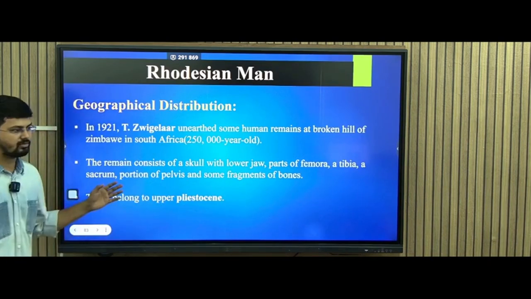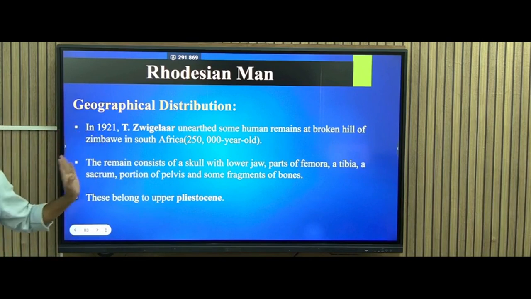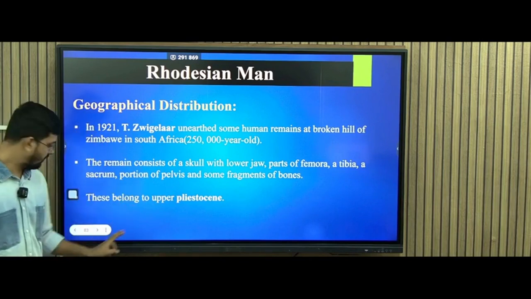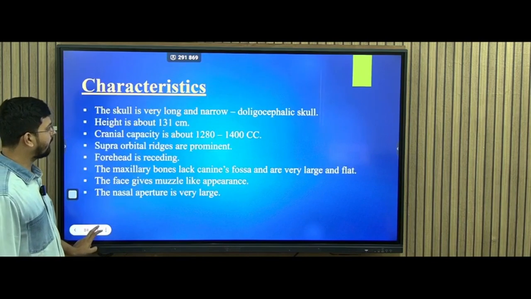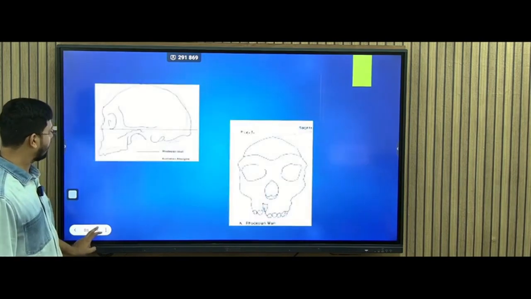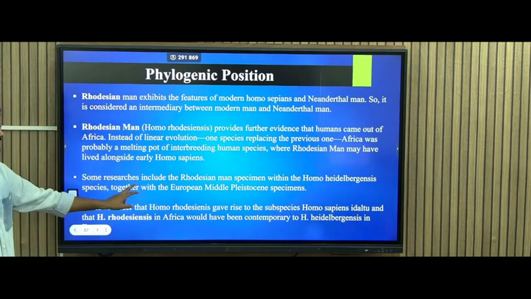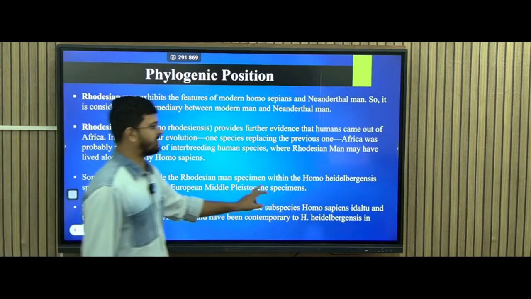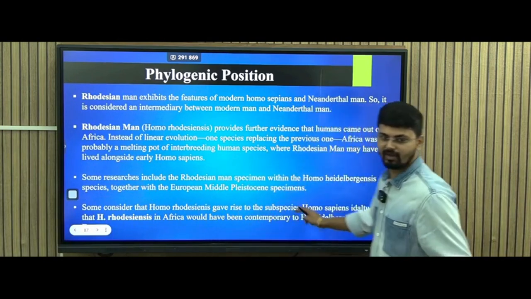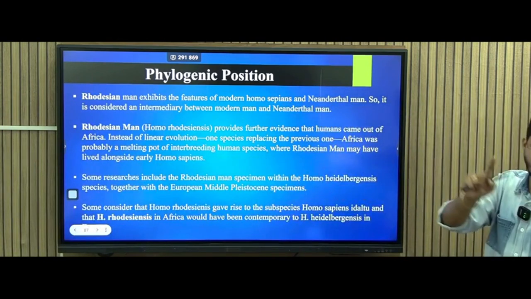Then Rhodesian man, I have given separately as well. If you notice the phylogenetic status, some researchers include the Rhodesian man specimen within Homo heidelbergensis. I told you there was one fossil found at Rhodesia.